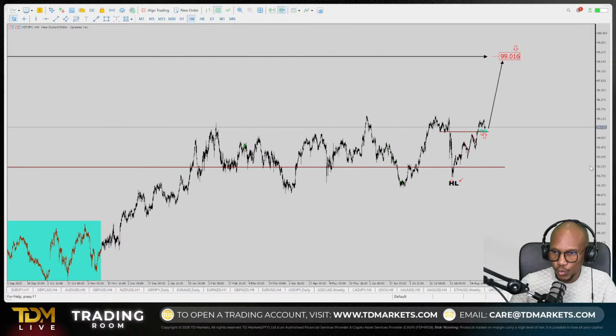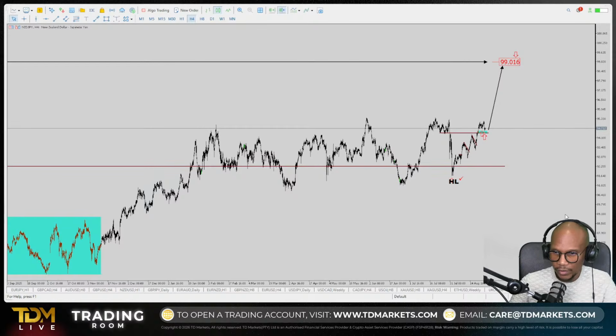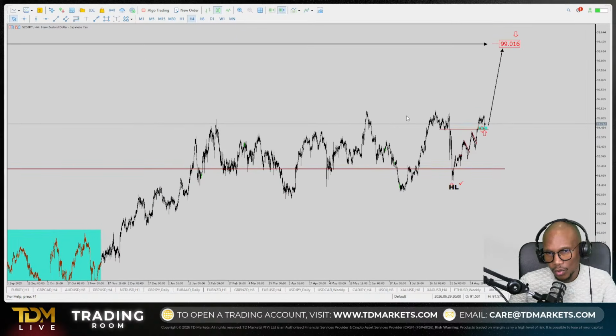So my top two are actually CAD JPY and NZD JPY. These are my top two pairs. So these are the long-term swings. We've been talking about these when they were around these areas.